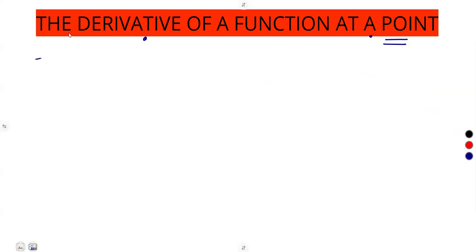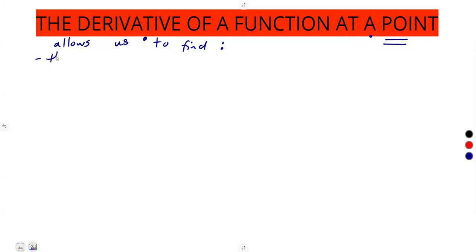So we said this derivative of a function at a point allows us to find, what is it that we're going to find?